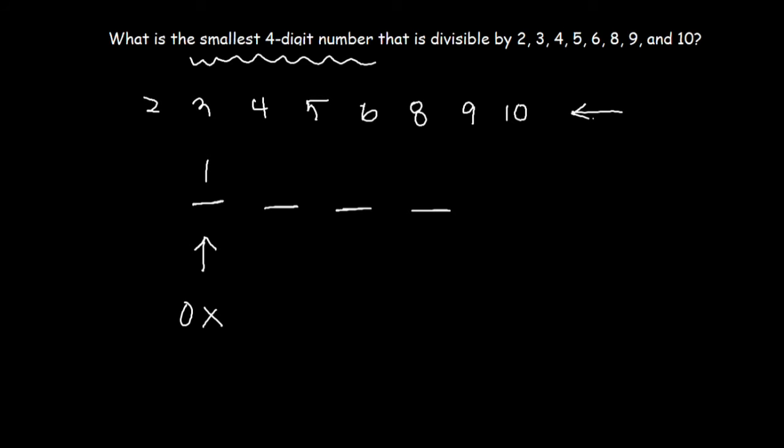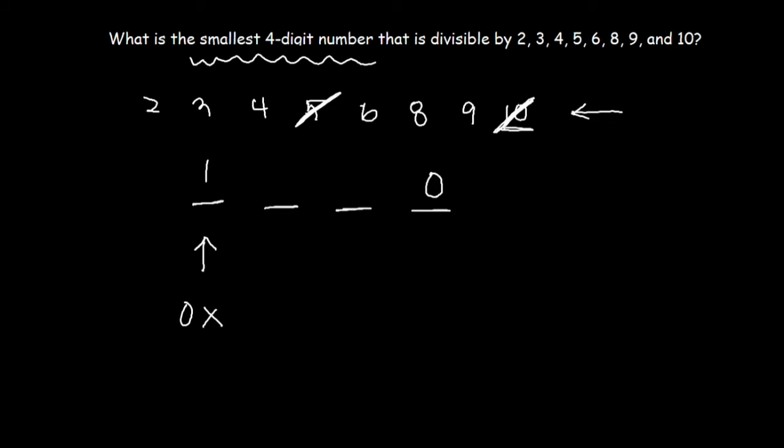We can automatically put 0 at the last digit because the divisibility rule for number 10 says that the number has to end in 0. So if we put 0 at the end, that eliminates 10. So whatever number this is going to be, it is divisible by 10 and also 5, because the divisibility rule for number 5 is that the number has to end in either 0 or 5.